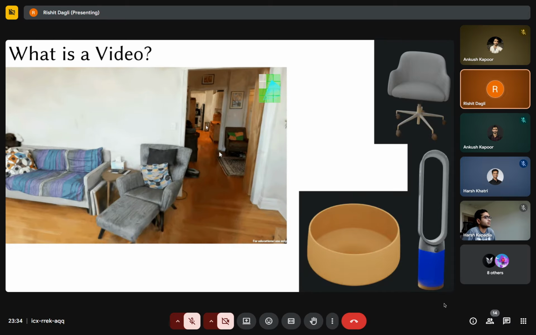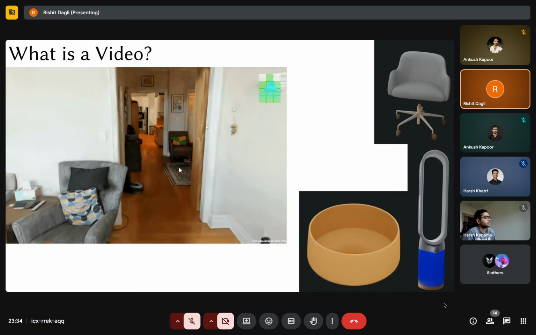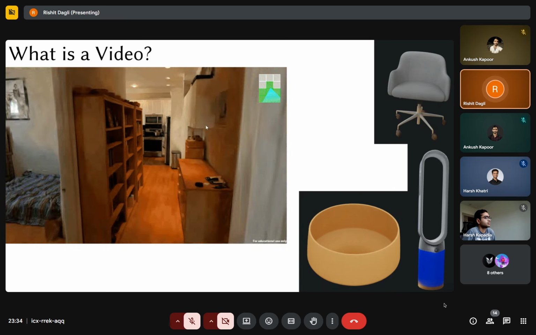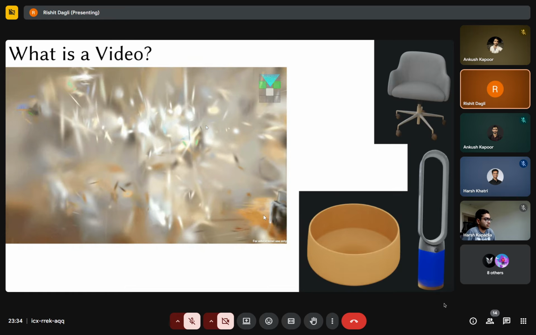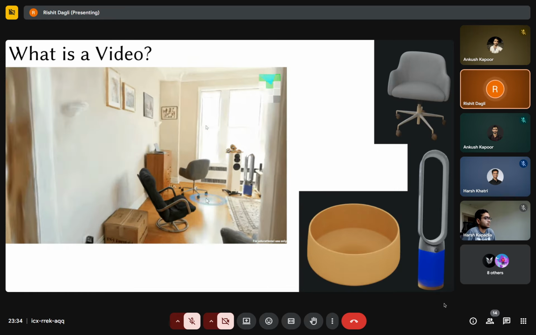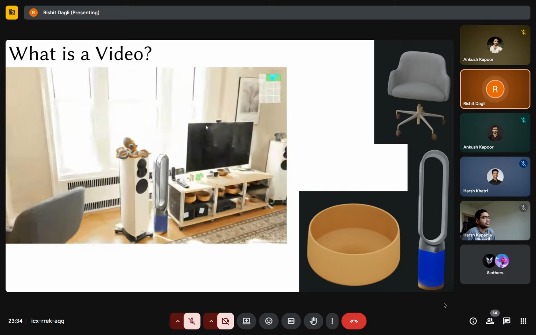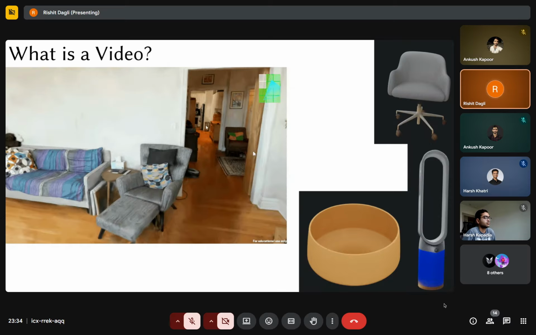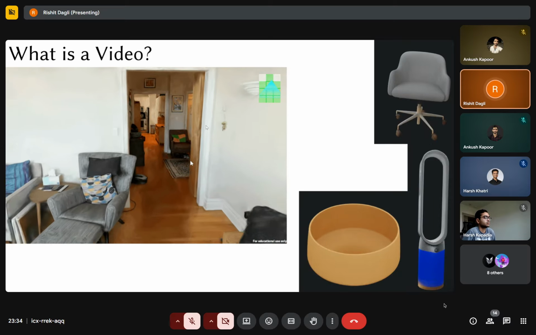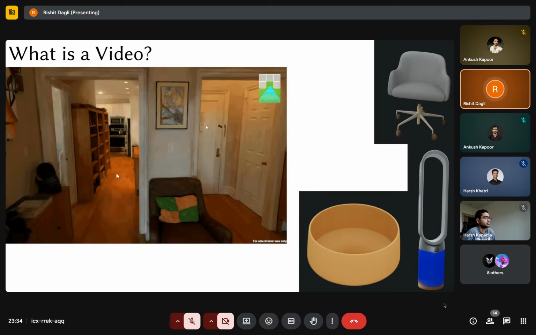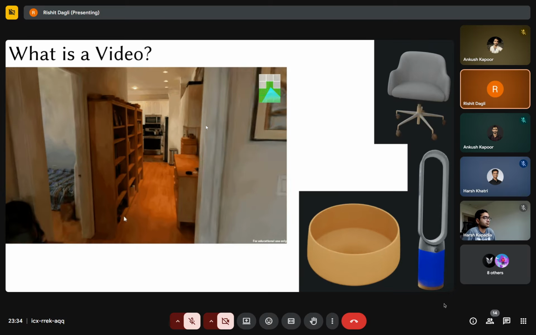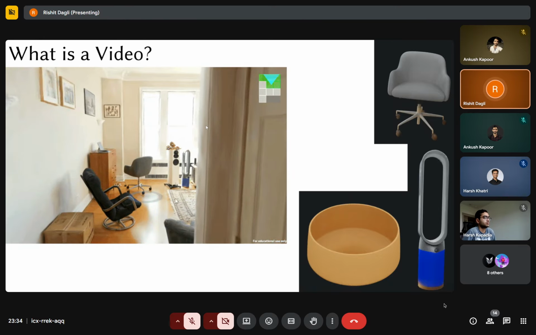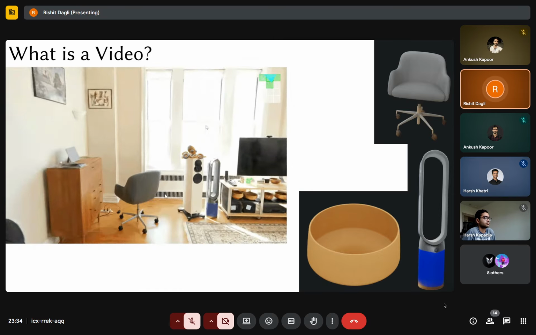Probably one of the ways you perceive them is that there's a scene and there's a bunch of objects in the scene. So there are all of these objects on the right, which are in the scene at some place or other. So that is also a fair way to perceive what's happening in a video. And all of these objects are, of course, 3D objects. So you can move them around, do all sorts of things with them.